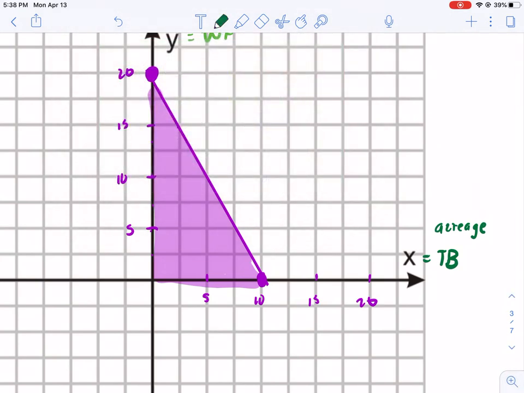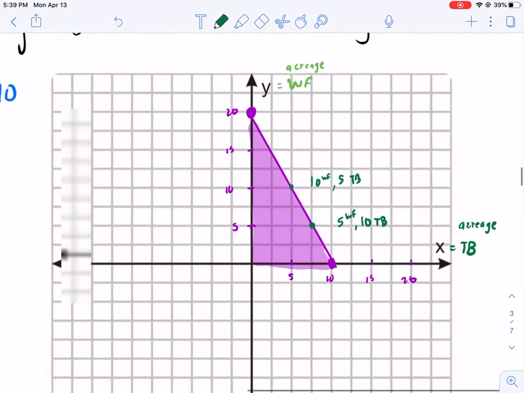For example, look at this intersection here. I could have 10 acres of turf builder, and I could have 5 of weed and feed, or I could have 5 of turf builder, and I could have 10 of weed and feed.